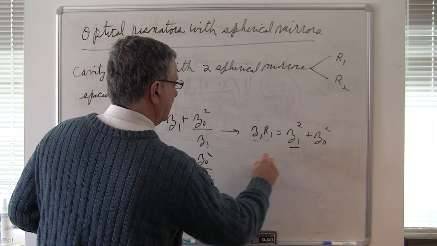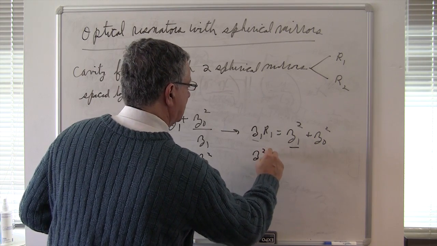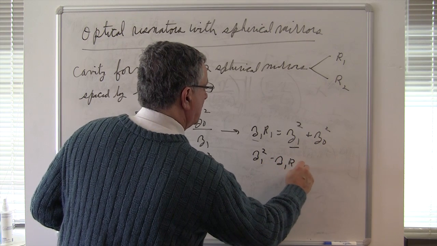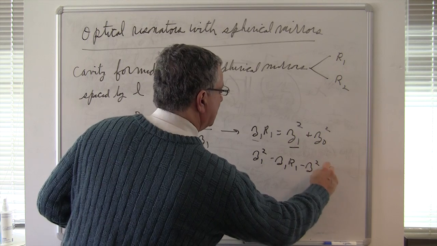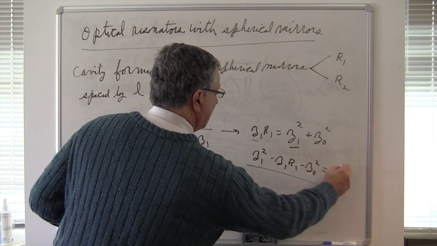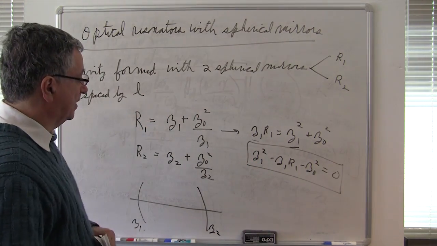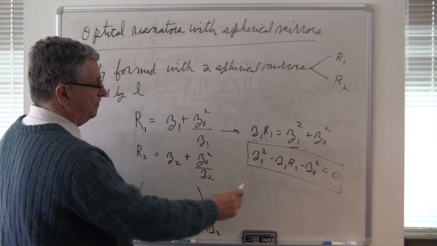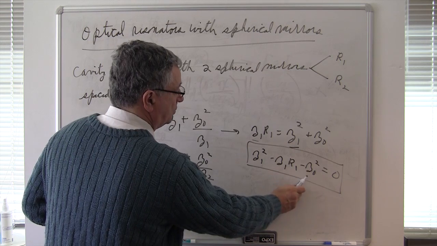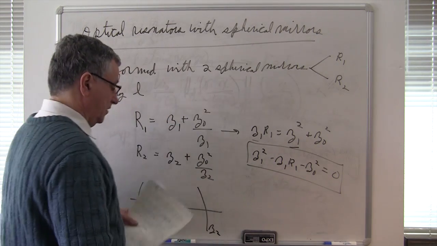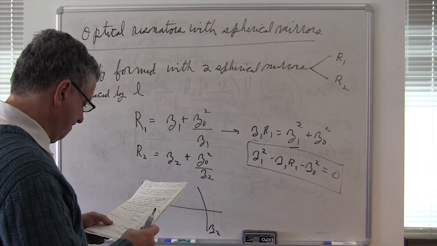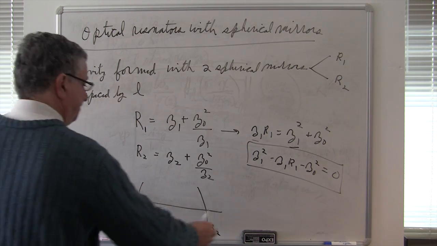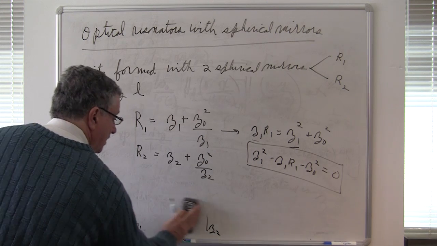I can just rewrite this as Z1 squared minus Z1 R1 plus Z0 squared is equal to 0. And now you recognize this as a quadratic equation. You can do the same thing for Z2. You would have Z2 squared minus Z2 R2 plus Z0 squared is equal to 0. Okay? So now the solutions of this quadratic equation are given.